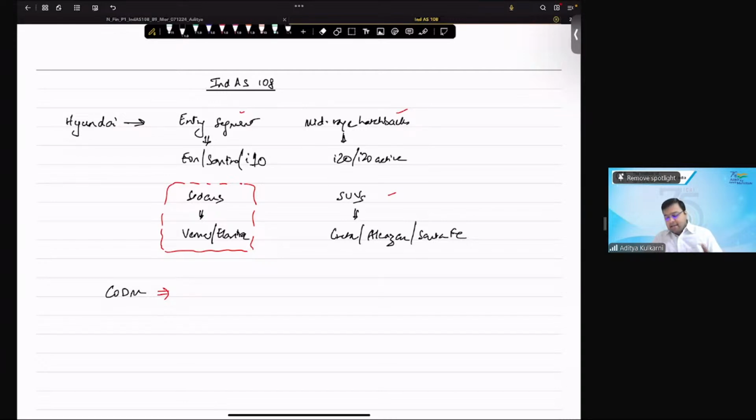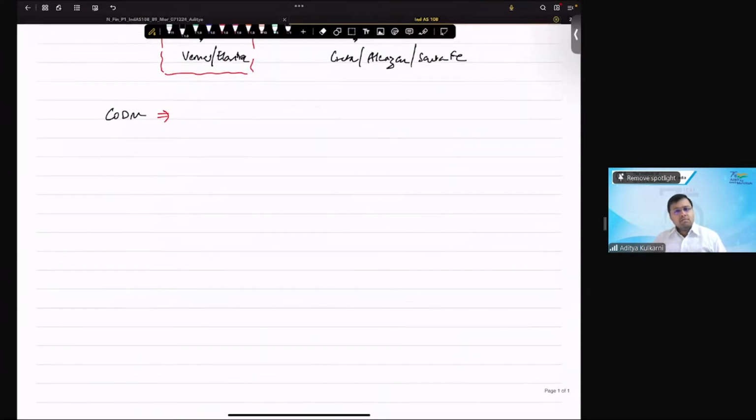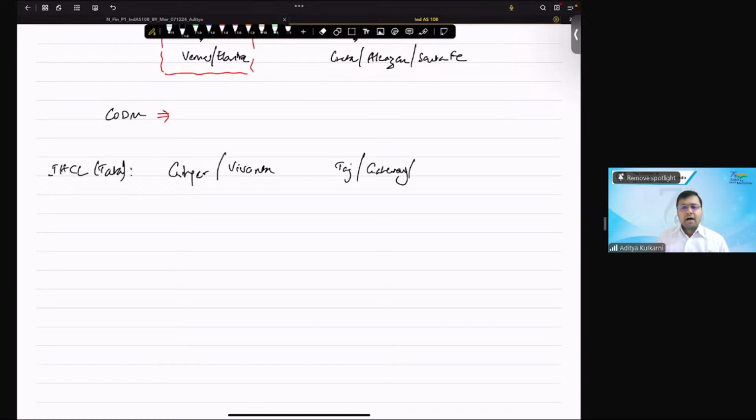Take a case of an entity like IHCL, okay, Indian Hotels Company Limited, that is part of the Tata Group. So here you are having brands like Ginger, then you are having brands like Vivanta, then you are having Taj, then you are having Gateway, and now they have something known as AMA stays.